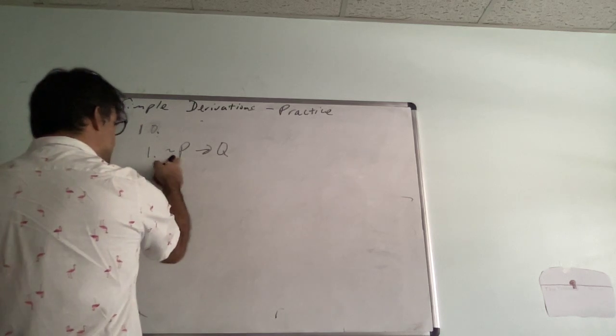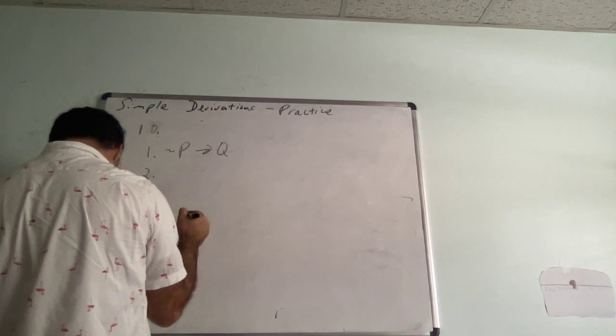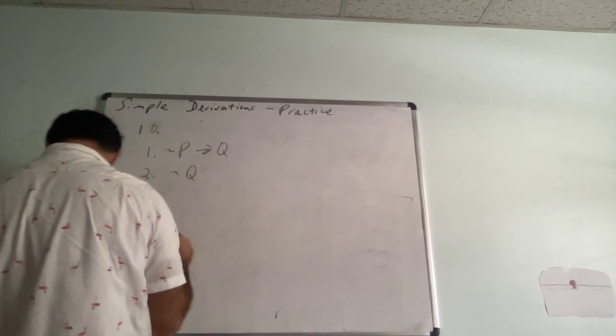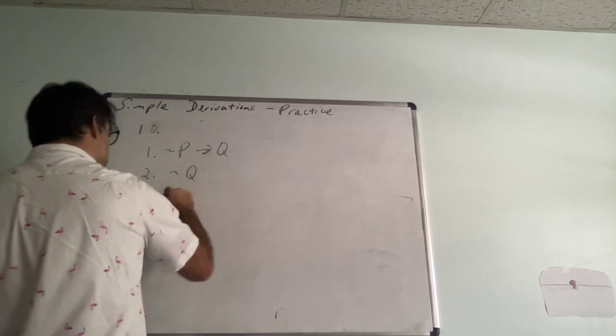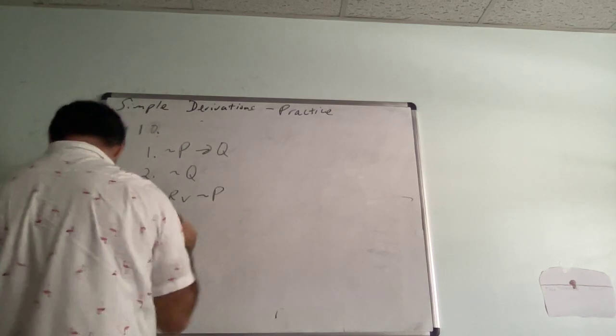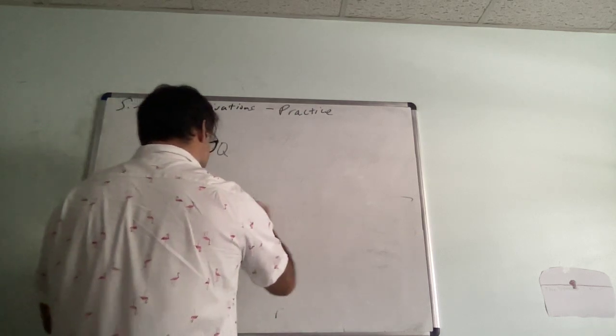Remember, of course, that not doesn't just apply to P. You can always look for your main connector. Not Q. R or not P. And the conclusion is R. This is a fun one.